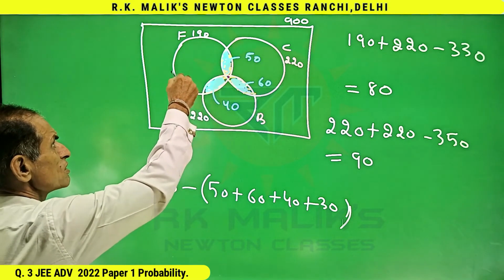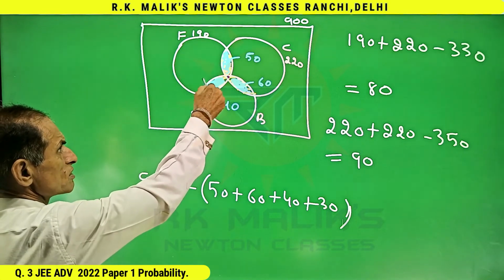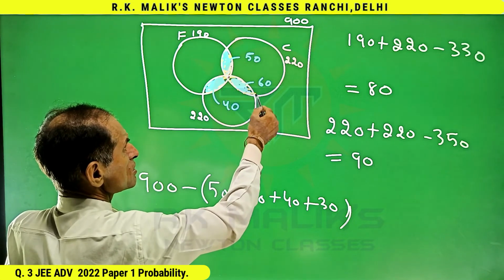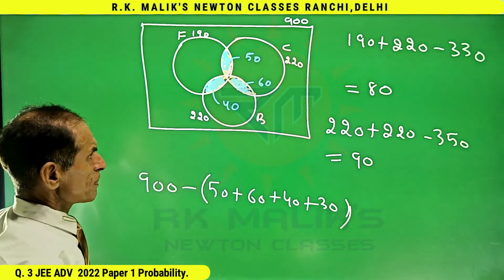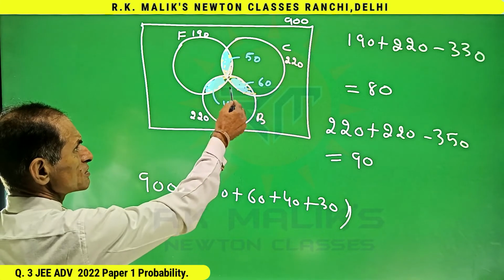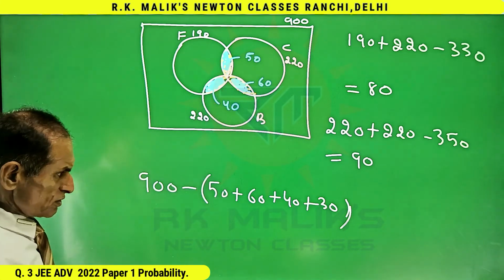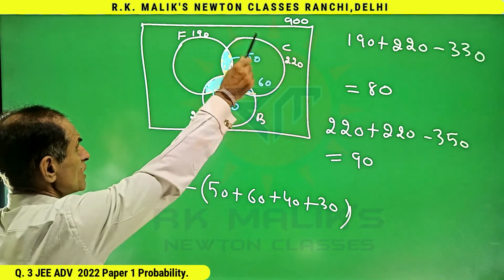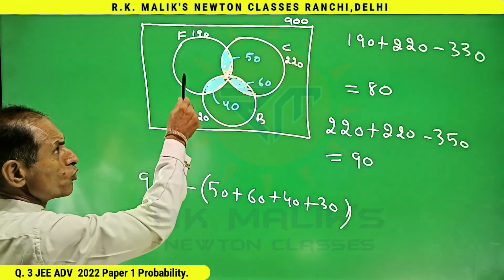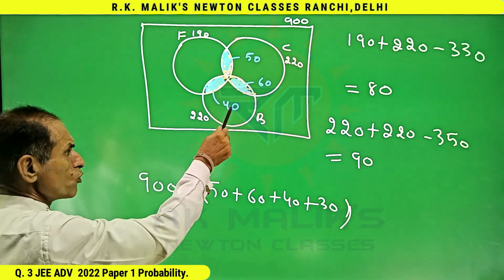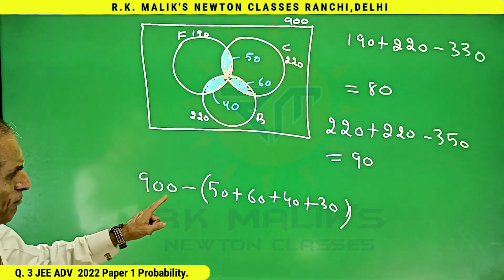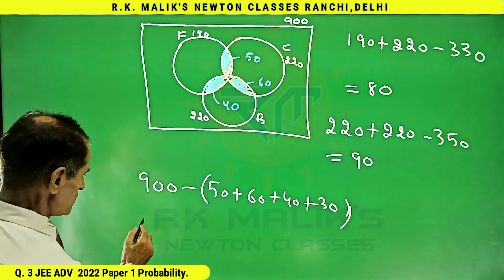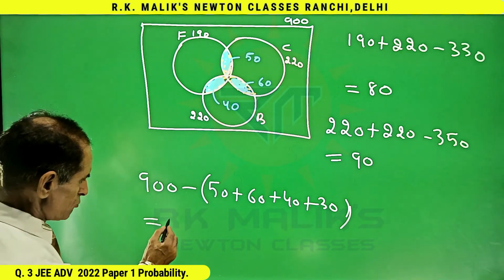Only F is this portion. Only C is this portion. And only B means this portion. That is, the number of persons which are outside all the three, or here, or here, or here, will be 900 minus (50 plus 60 plus 40 plus 30), that is equal to 720.